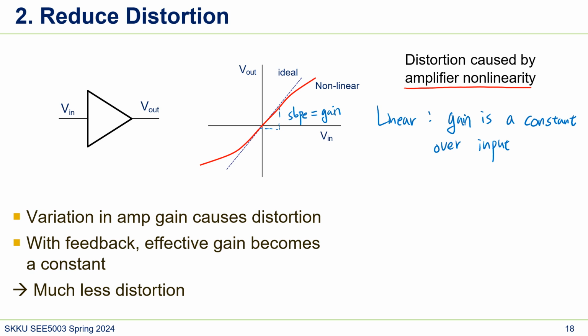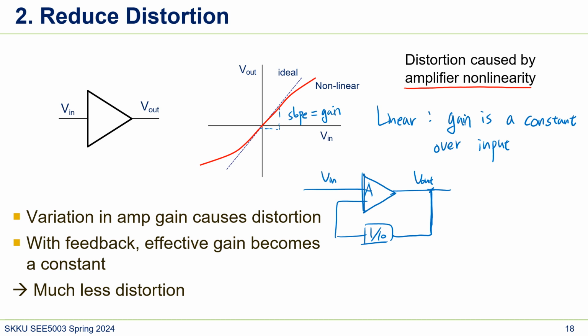Assuming the same example, beta is 1/10, and let's say we have this kind of feedback network, V in and then V out.